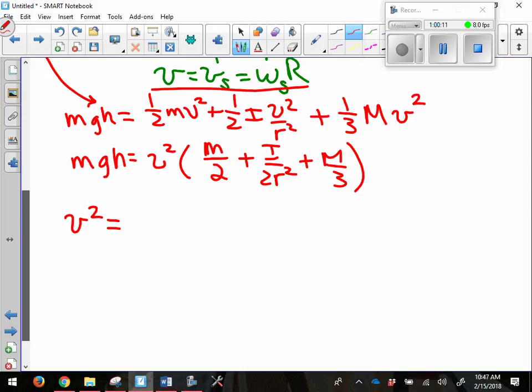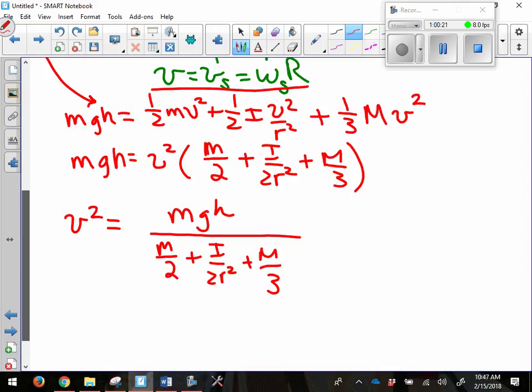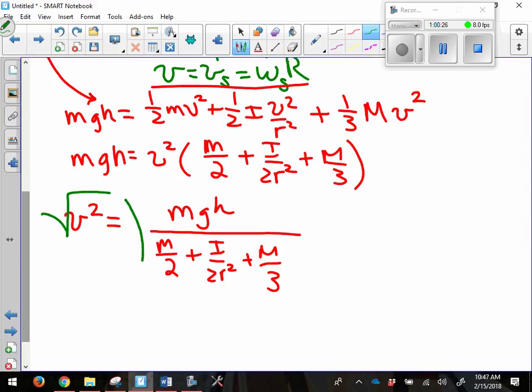And then I'm just going to divide both sides by that monster, and then take the square root of both sides. It's pretty ugly, and they give you numbers, and you could substitute the numbers in, but I don't know what the answer is, and I don't really care. It's more that I want you to understand how the problem works. Okay, so that's it.